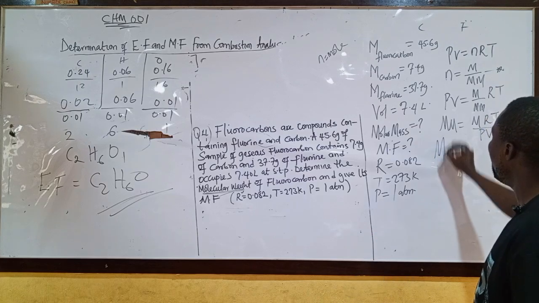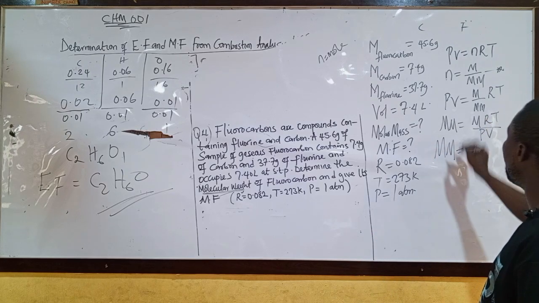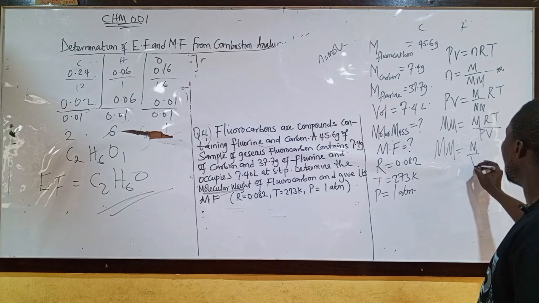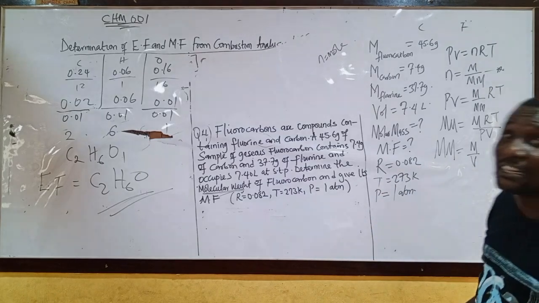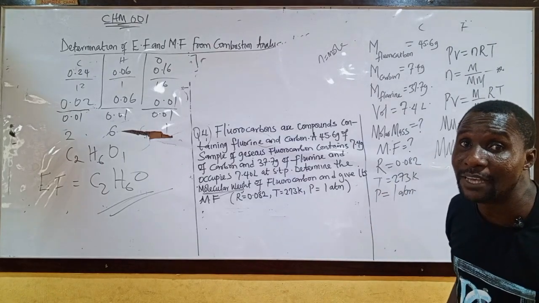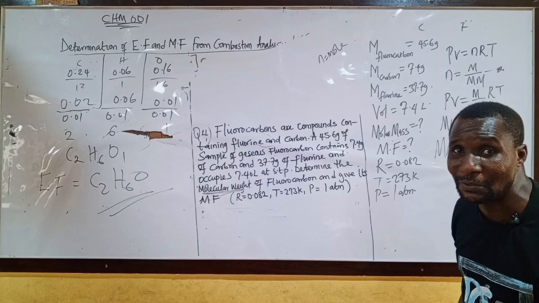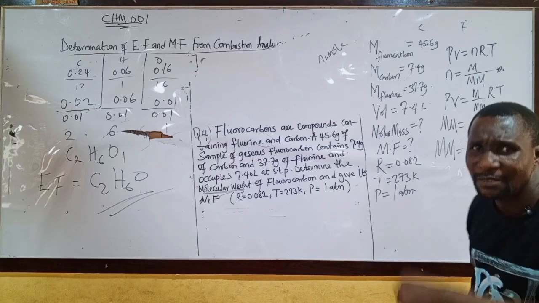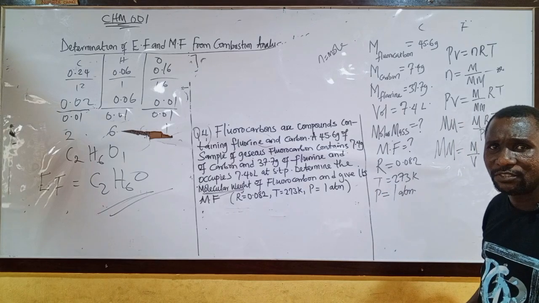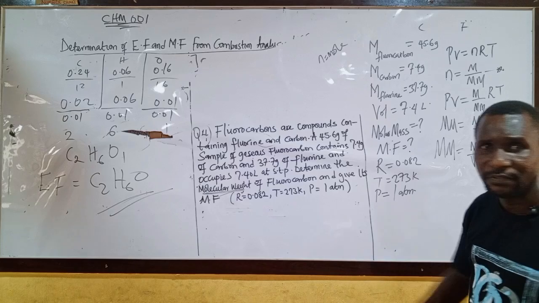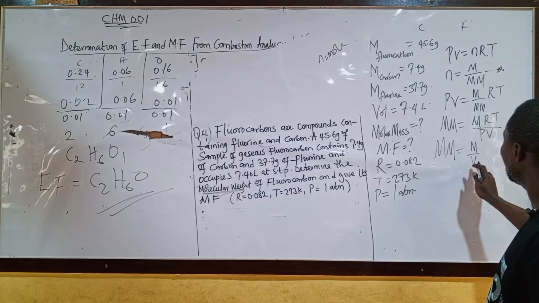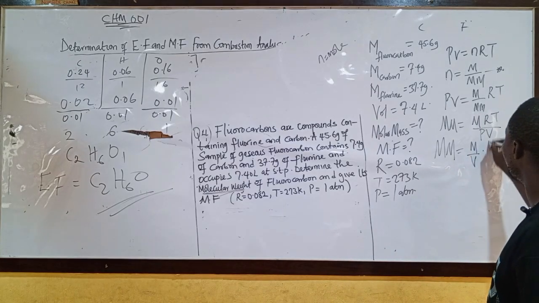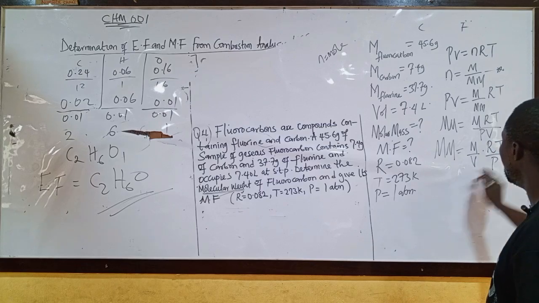I can rearrange it: molar mass equals mass over volume, times RT over P. Sometimes density can be given, and density is mass over volume. We are going to do that question in the next video, if I have to do a revision.